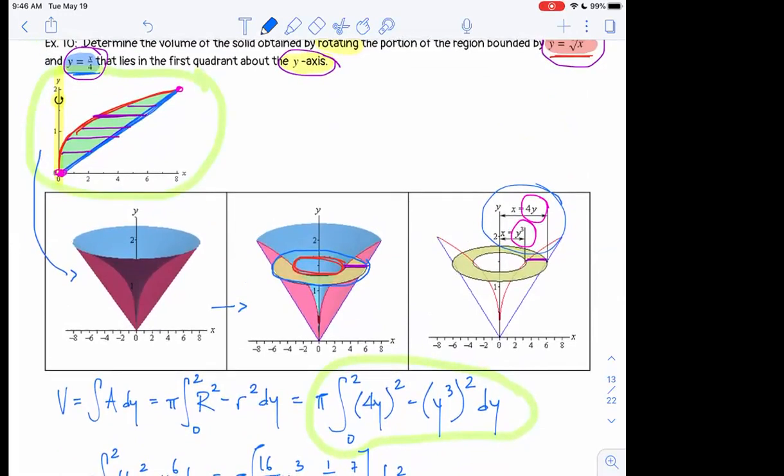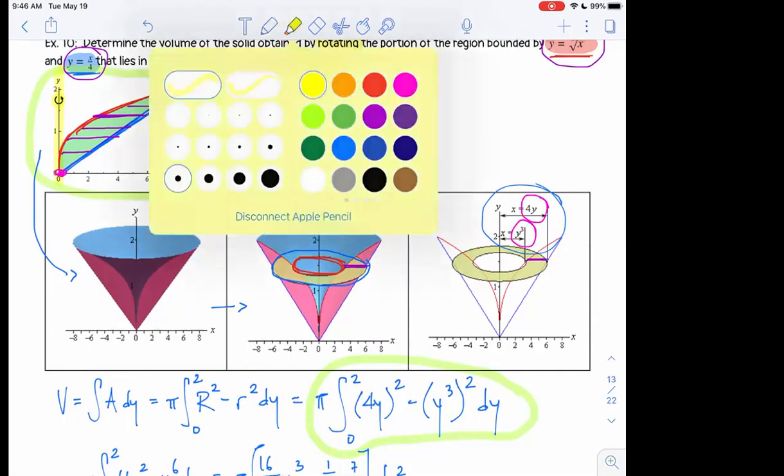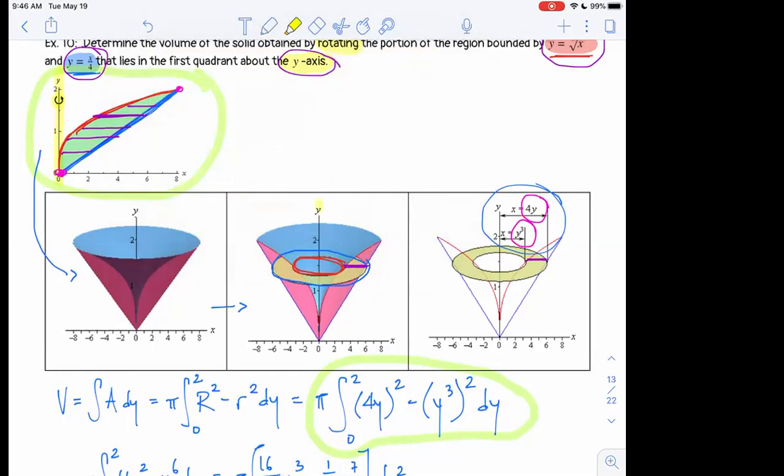And I just want to review real quick how we tell which one is your big radius and how we tell which one is your small radius. So I'm going to go back to this middle diagram for a moment. Okay, so this middle diagram, the axis of revolution is right here. It's right at the y-axis.